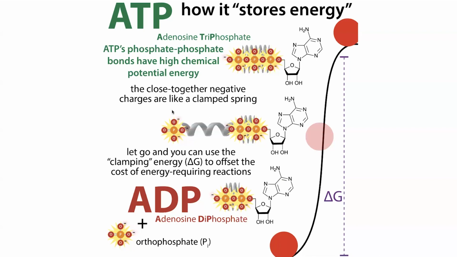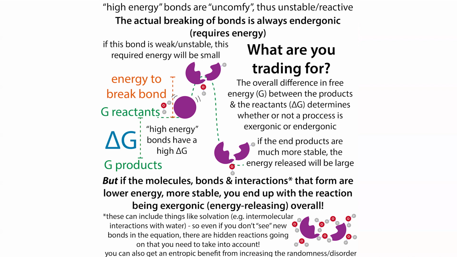When you relieve uncomfiness, you release energy. So if you had a ball at the end of your spring and you released the clamp, the ball would fly across the room. If you break a triphosphate bond, you release energy that you can use to get molecules to join together in ways that might not be energetically favorable.